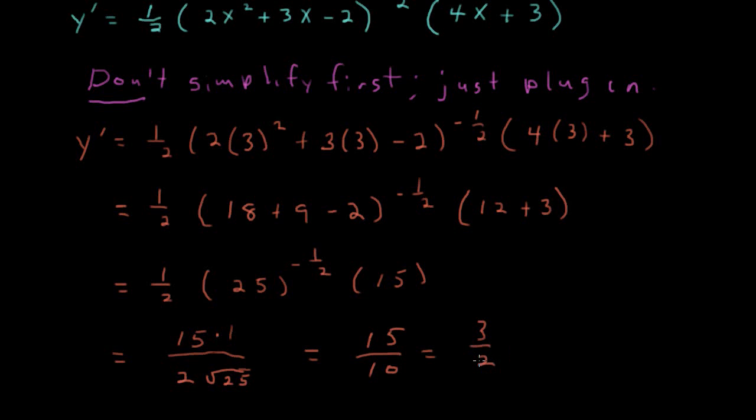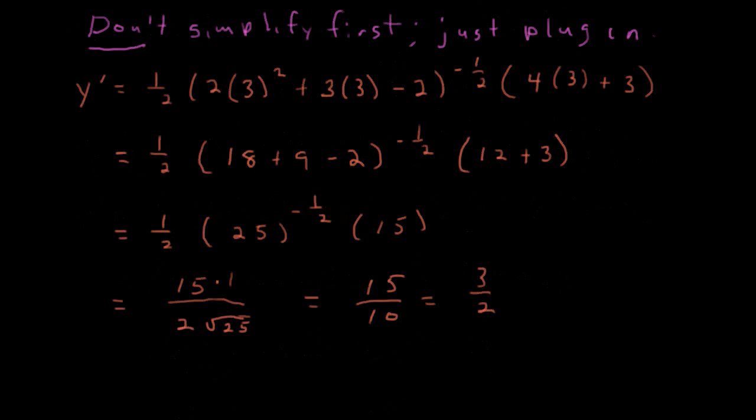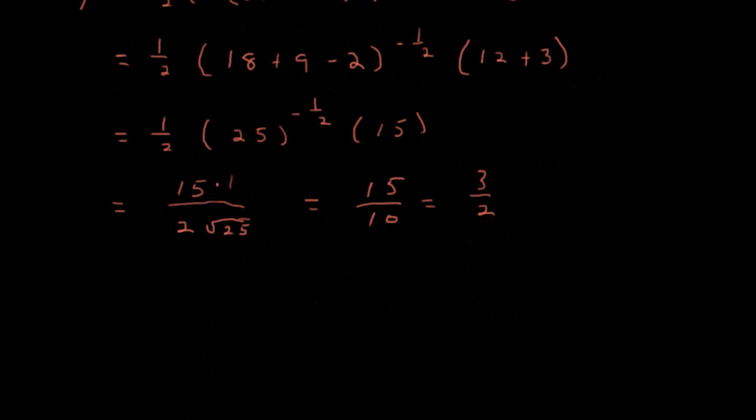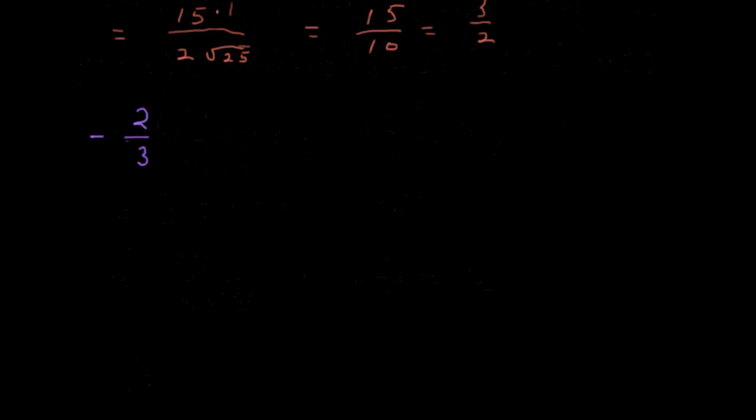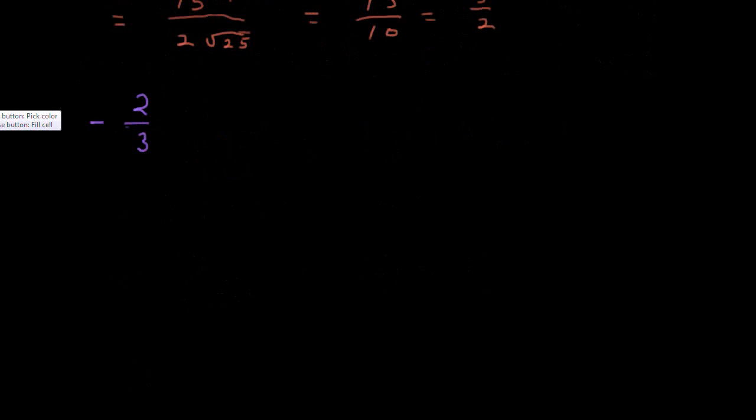All this to find the slope of the tangent line at 3, 5, but we don't want that slope. We want the slope of the line perpendicular to that, and that would be the negative reciprocal. Remember, to find the slope of something perpendicular, you take the negative reciprocal, or rather, the opposite of the reciprocal. All right, now we have the slope. We have a point.